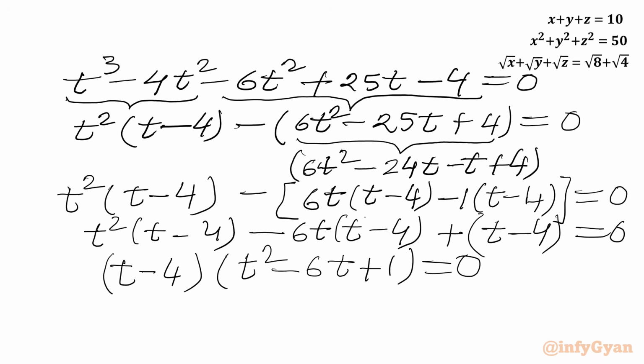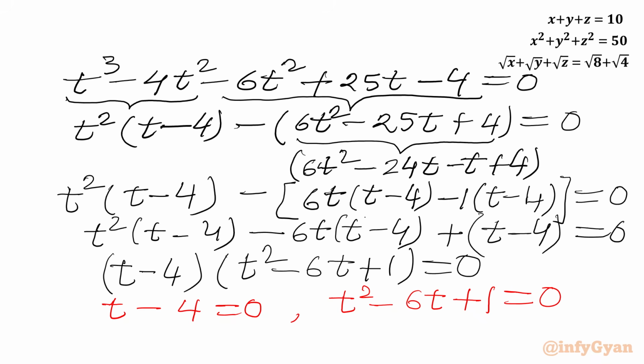Now we can use the product 0 rule and we'll be writing either t minus 4 equal to 0 or t square minus 6t plus 1 equal to 0. So from our first equation, we are going to get the first real value of t, which is 4. Now we have to solve this quadratic equation, which we will be solving using the completing the square method.